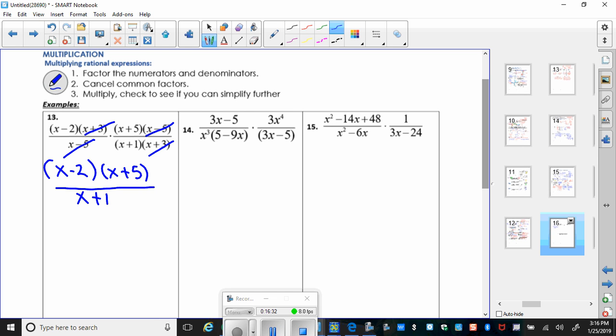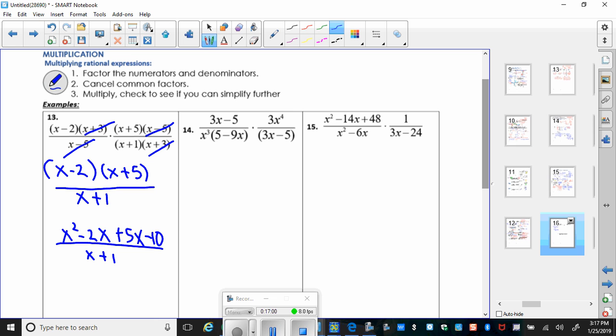So I want to simplify the top part. So I have x squared minus 2x, and then positive 5x, minus 10 over x plus 1.